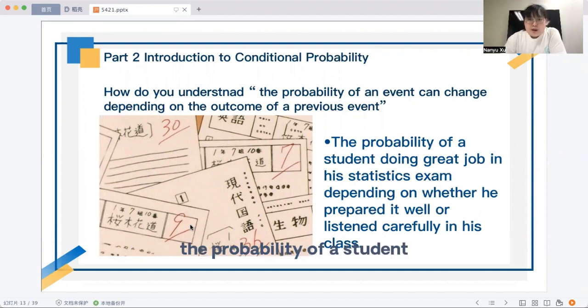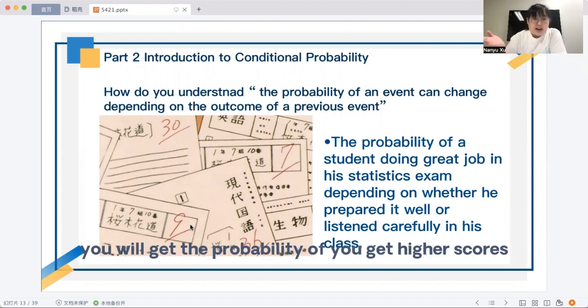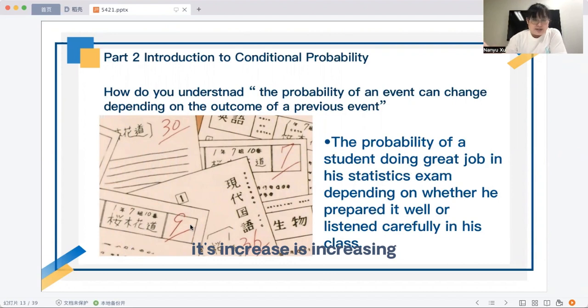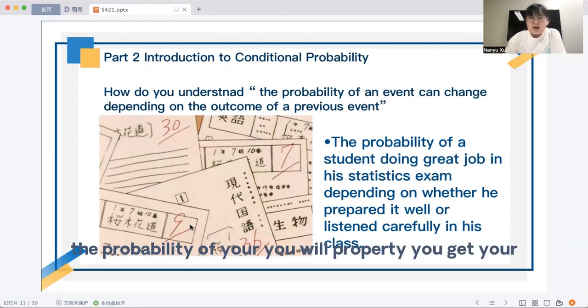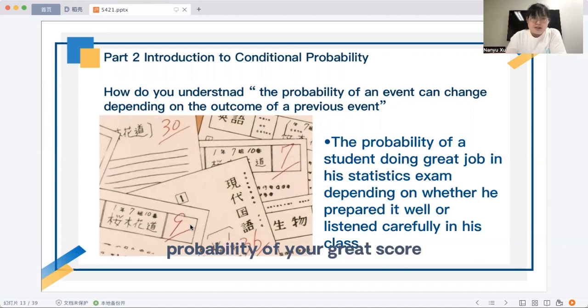The probability of a student doing a great job in his statistics exam depends on whether he prepared well or listened carefully in class. If you listen carefully in class, the probability of you getting a higher score increases. If you didn't listen carefully, the probability of getting a good score will be lower.